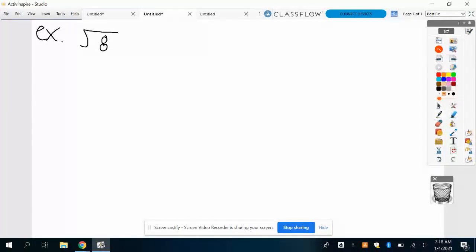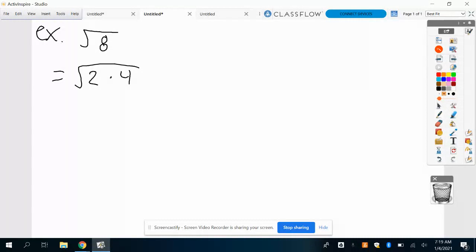But here's the idea behind how we could simplify this, because you can always simplify radicals. If you look at 8, right away, you could probably decide the square root of 8 is the same thing as the square root of 2 times 4. Because 2 times 4 is specifically 8, right? You take 2 times 4, you get 8.